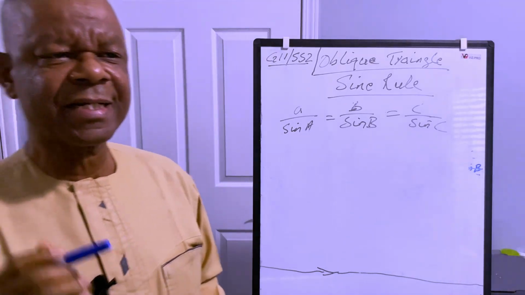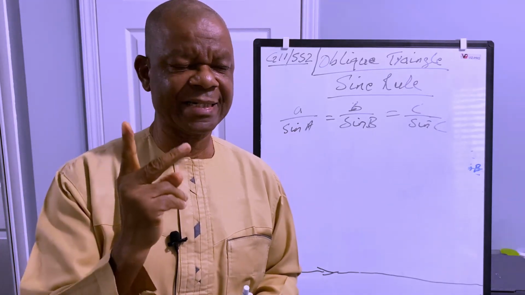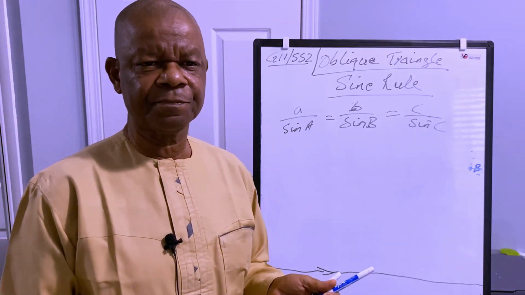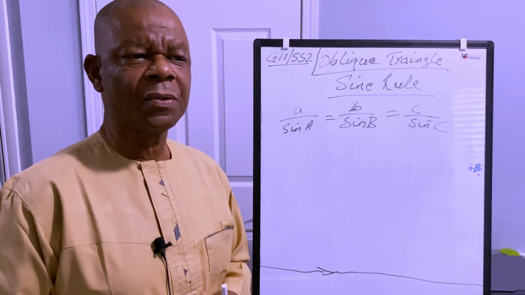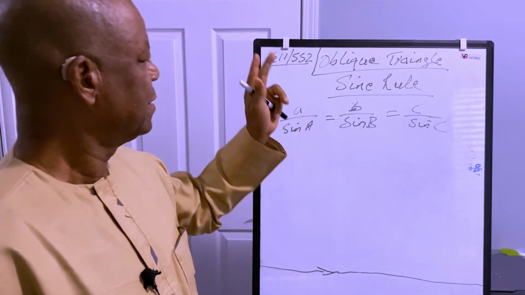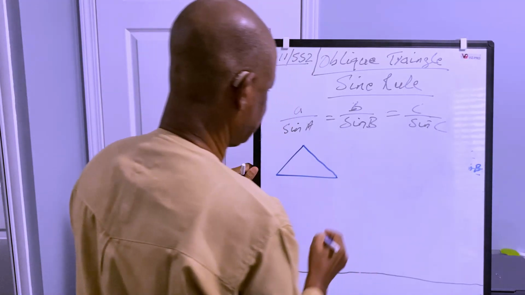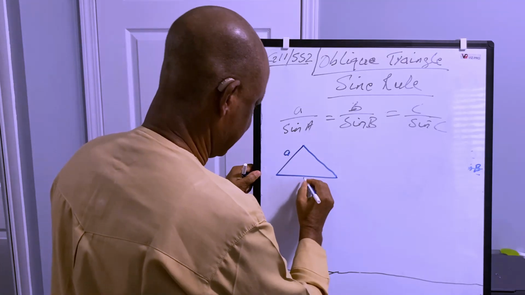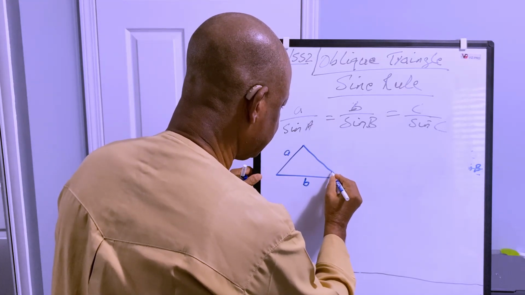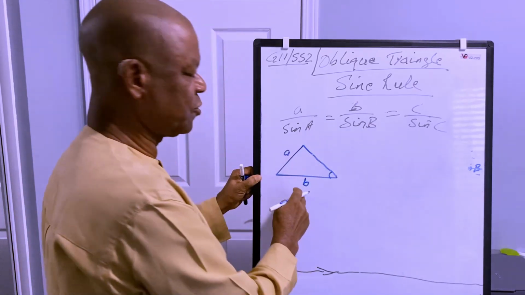But before then, the sine rule is applied on a non-right angle triangle when two sides and one angle, which must be opposite one of the given sides, are given, or when two angles and one side are given. That is when we apply the sine rule. If we have this triangle and we are given a and b, for example, we will be given either this angle which is opposite a or this angle which is opposite b.